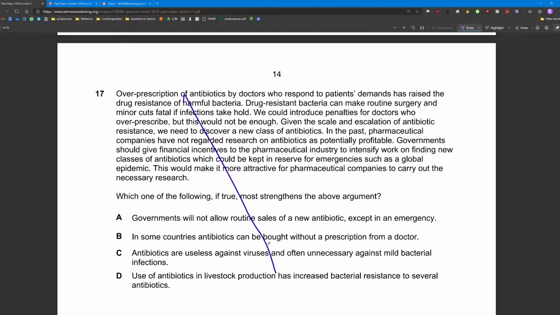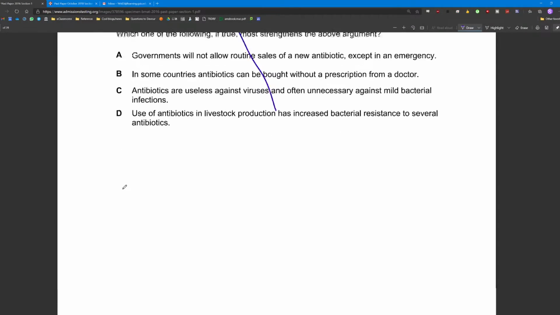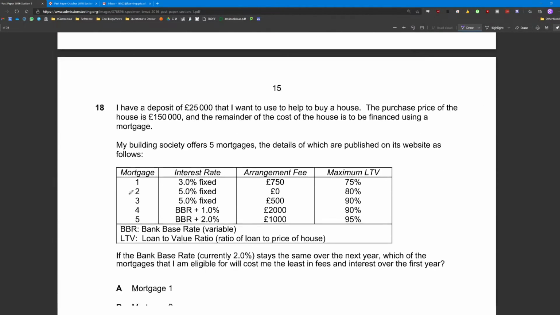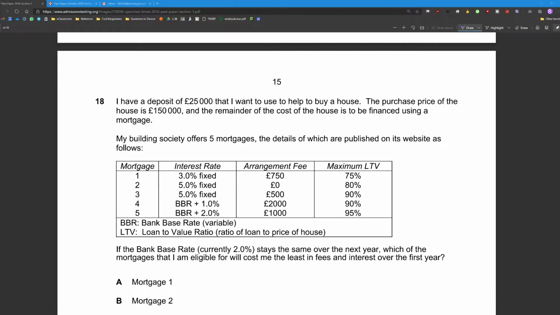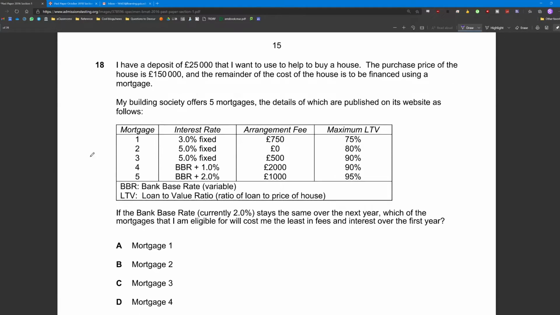This is argument evaluation. I have a deposit of £25,000 that I want to use to help to buy a house. The purchase price of the house is £150K, and the remainder of the cost of the house is to be financed using a mortgage.